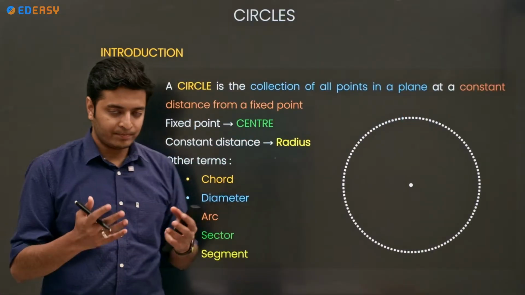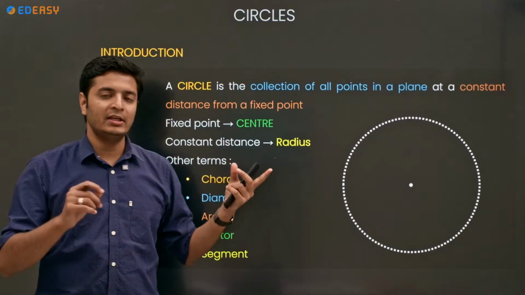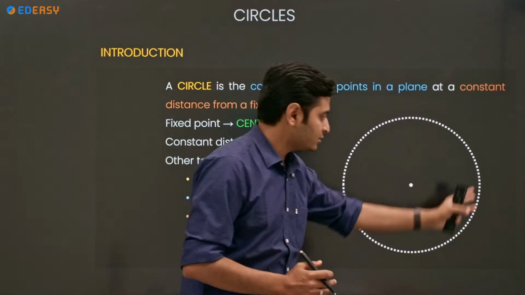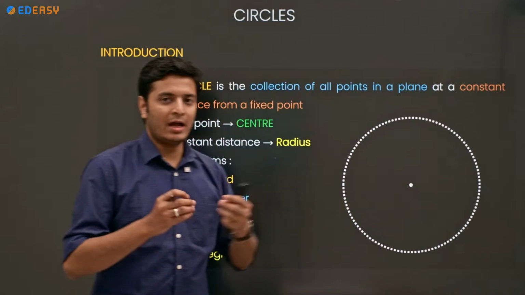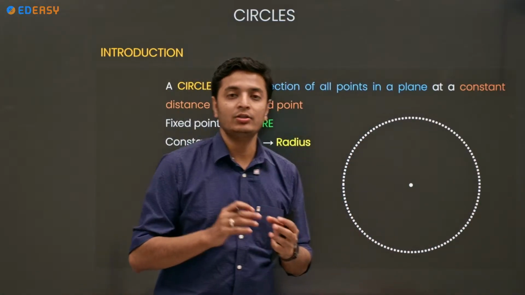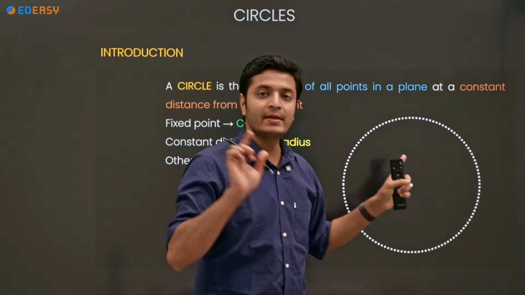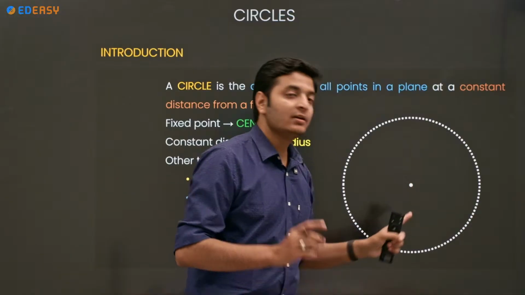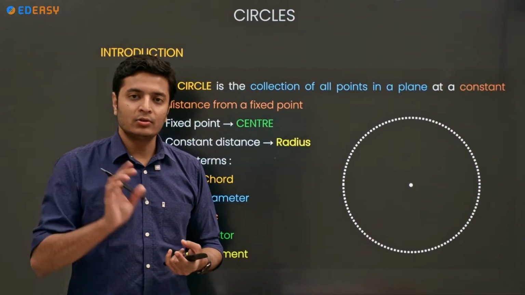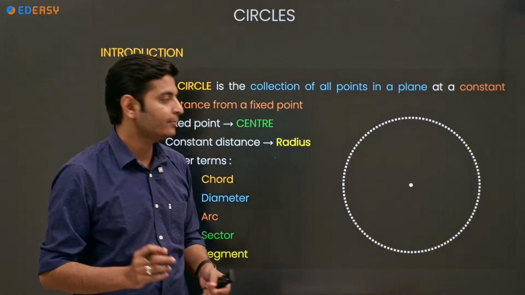First thing, we need to remind ourselves what a circle is. A circle is nothing but a collection of points, no? These are nothing but a collection of too many points, and all these points are at a fixed distance from a fixed point. So I'm using two things, fixed distance and fixed point.